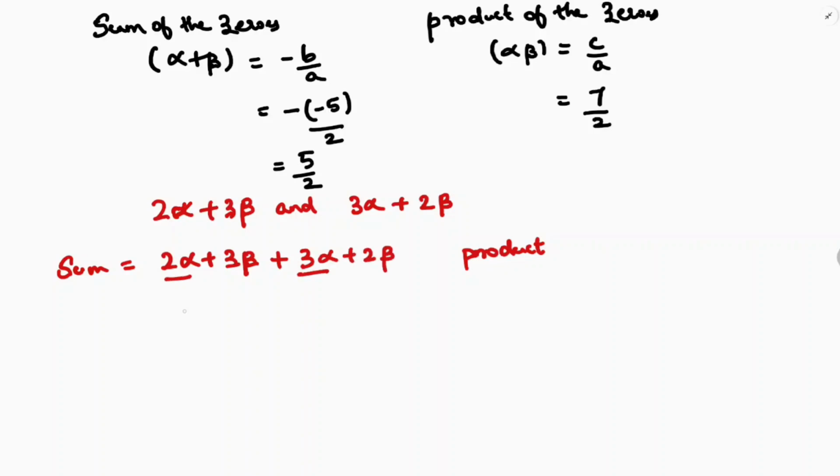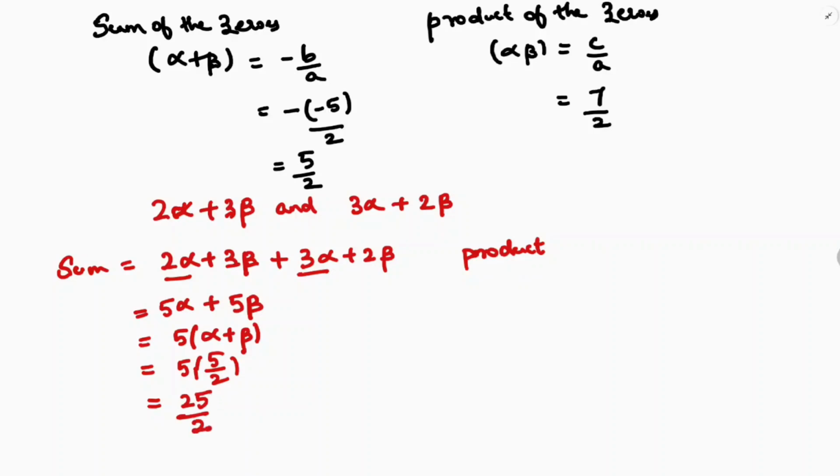Here 2 alpha plus 3 alpha is 5 alpha, plus 5 beta. So if we take 5 common, alpha plus beta. Alpha plus beta I already have, that is 5 by 2. So the answer is 25 by 2. So the sum is 25 by 2.